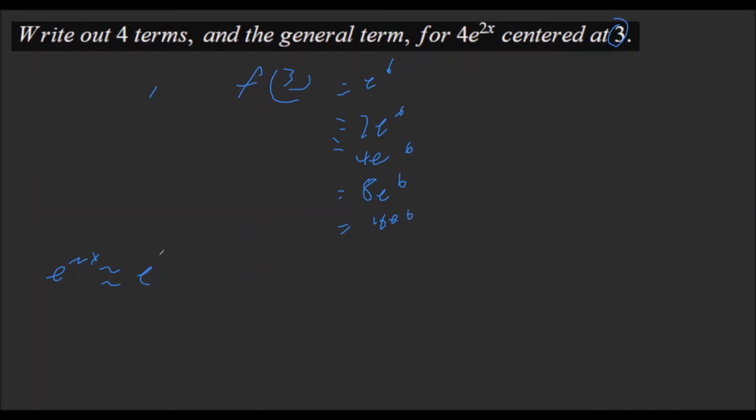Okay, so e to the power of 6 plus, now if you recall from the equation I gave you, the second term is going to be f prime of x, or I should say f prime of 3, over 1 factorial times x minus a. Now, this x minus a, we might as well substitute the 3 in for a.